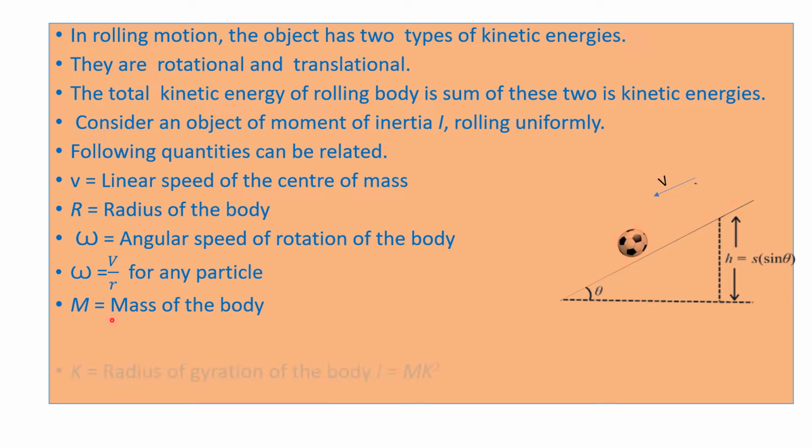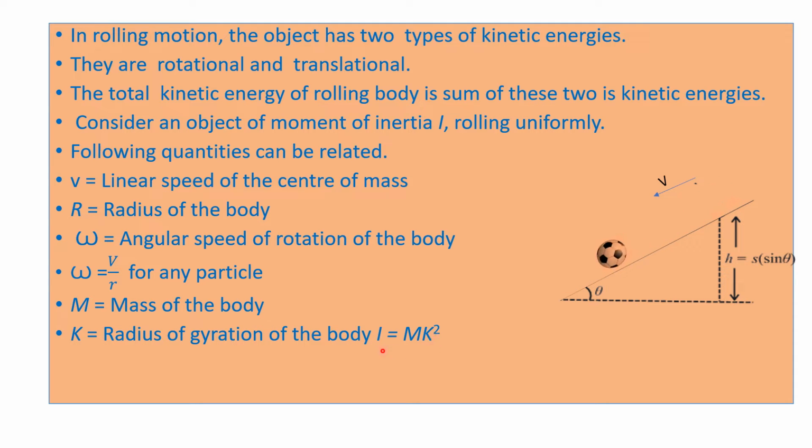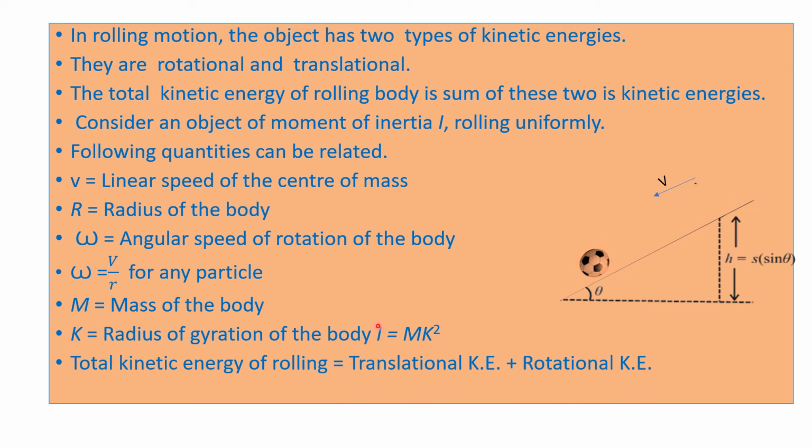Capital M is the mass of the body. K is the radius of gyration of the body. In terms of radius of gyration, we can write the moment of inertia of this rolling object is equal to MK square, and by definition we can write the total kinetic energy of a rolling object is equal to translation kinetic energy plus rotational kinetic energy.